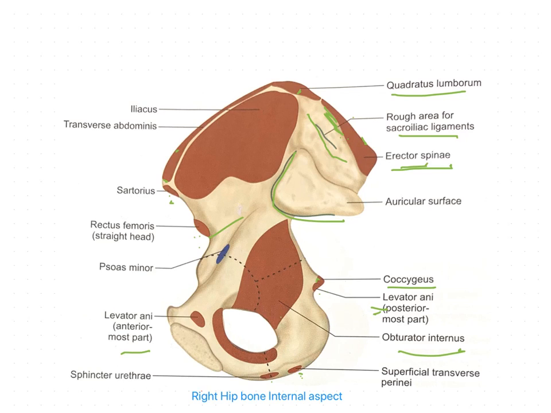For the ischial spine you have to mention the medial aspect as well as the external aspect, and they will also ask about the ischial tuberosity. These are the commonly asked questions in the viva.